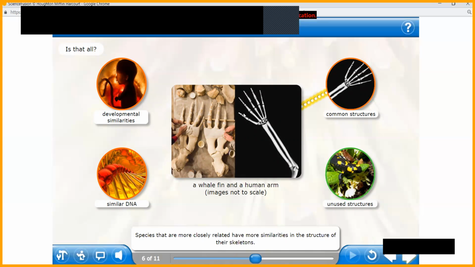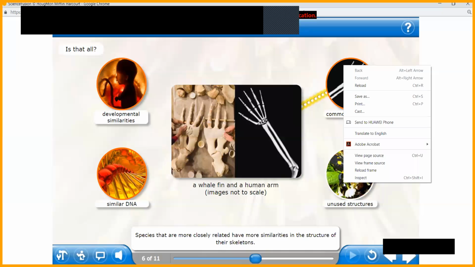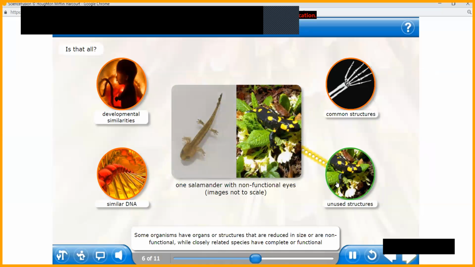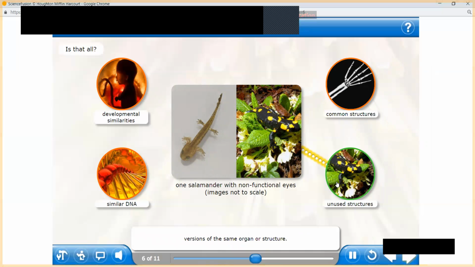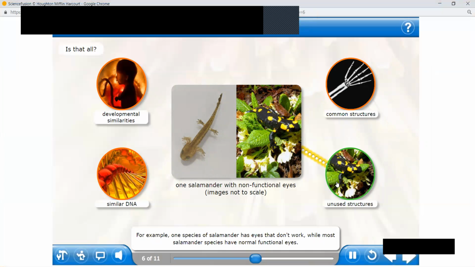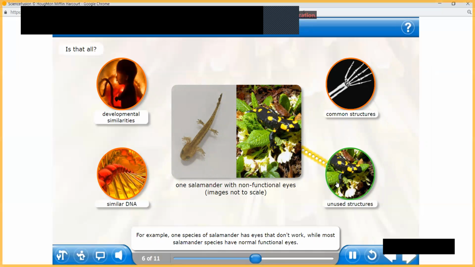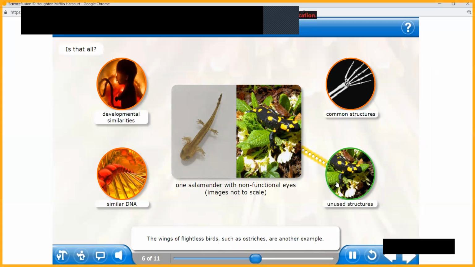Some organisms have organs or structures that are reduced in size or are non-functional, while closely related species have complete or functional versions of the same organ or structure. For example, one species of salamander has eyes that don't work, while most salamander species have normal functional eyes. The wings of flightless birds, such as ostriches, are another example.